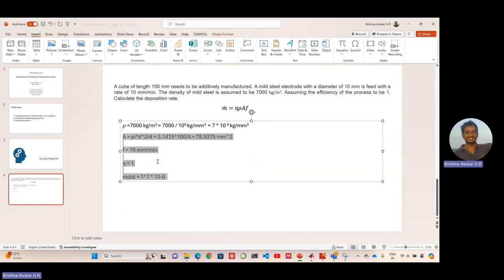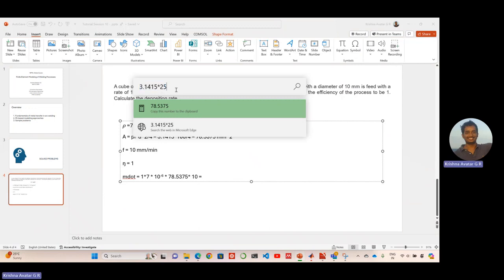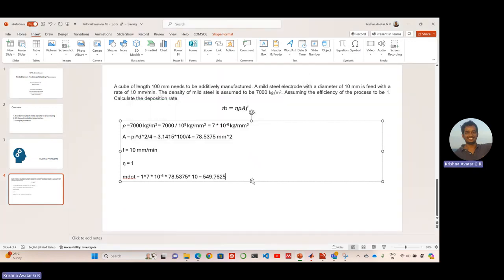Let me convert this into superscript. Then we have A as 78.5375 and F is 10. So multiplying 7 into this gives 549.76 into 10 power minus 6, which is 10 power minus 5 in this form.